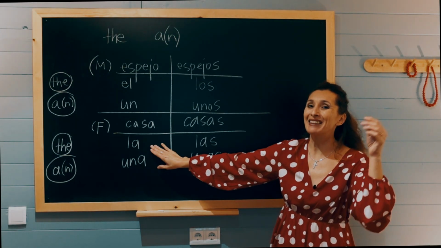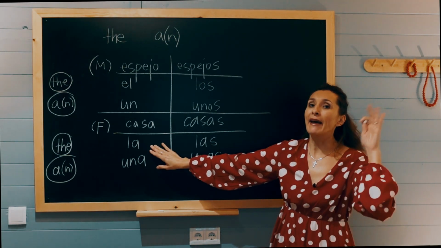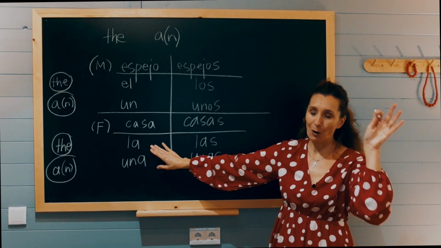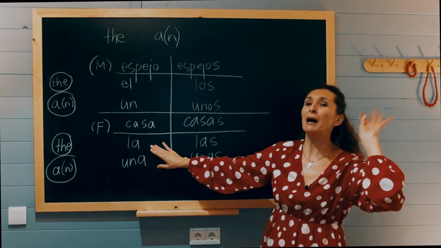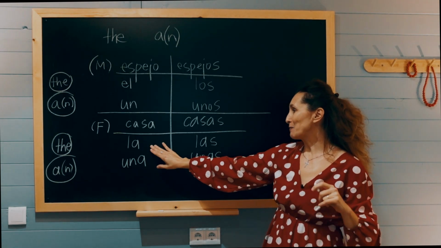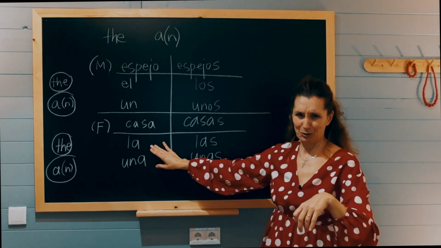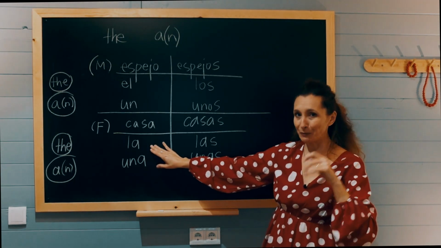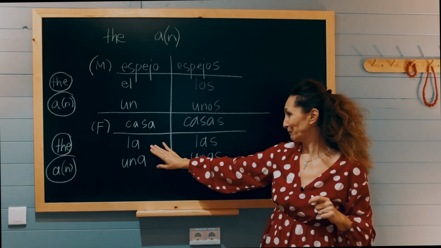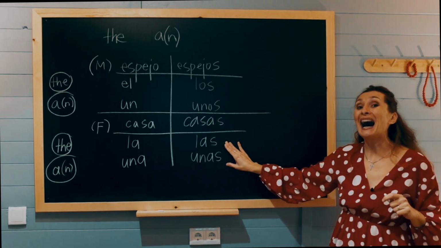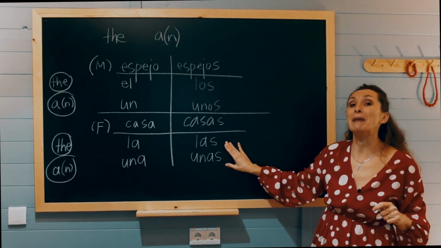La would be the house. La casa de mi madre. The house of my mother, even though a lot of Spanish people will say it like that. And I always say, no, my mother's house, just my mother's house. But anyway, you know what I mean. La casa de mi madre. Las amigas de mi madre.